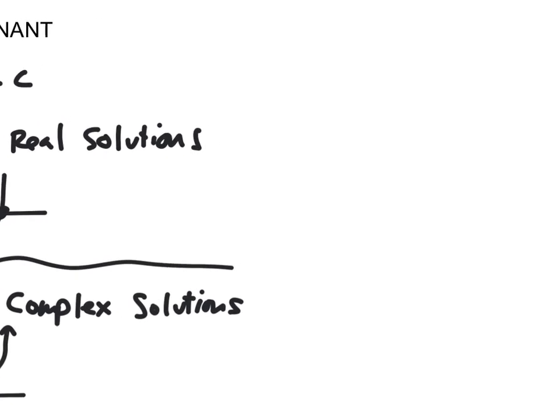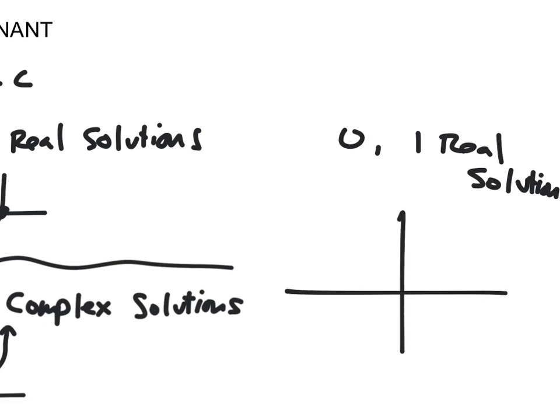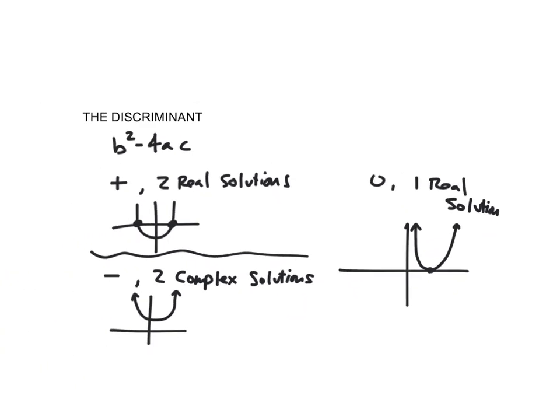If you get 0 in your discriminant, that means you have 1 real solution. And what this means is that you have a parabola whose vertex is the only intercept of the x-axis.